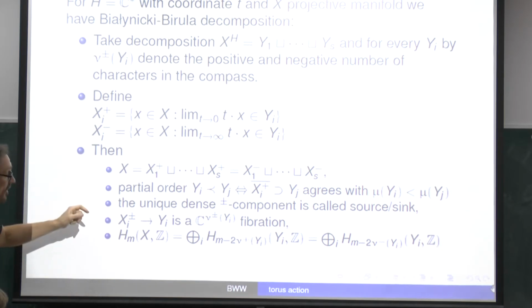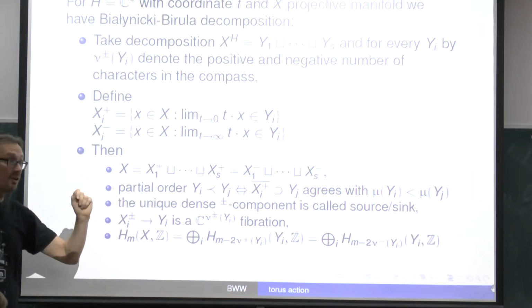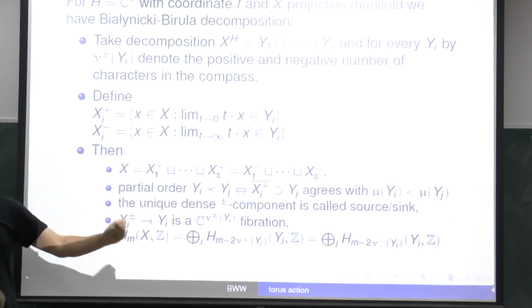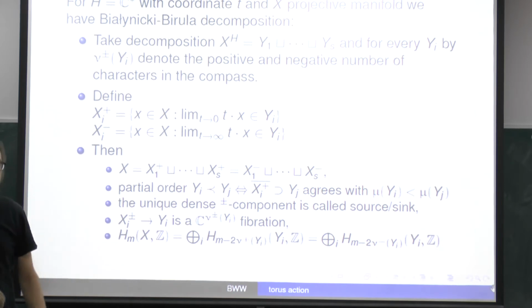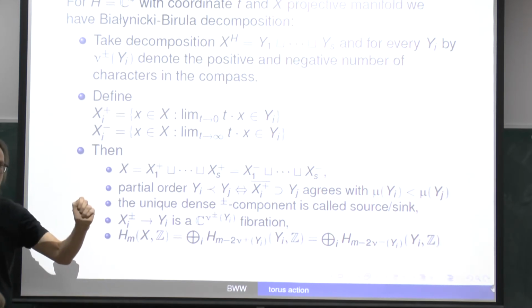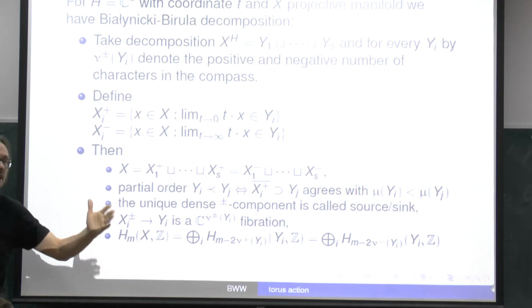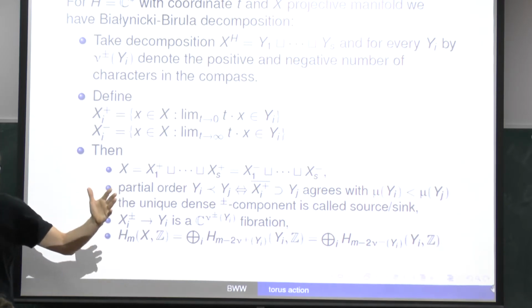In this language of Wisniewski-Birula, they are called the source and the sink. And they have this very nice feature that depending on the direction of the order, either the cell will consist of one point, the fixed point component, or it will be dense in the whole variety.